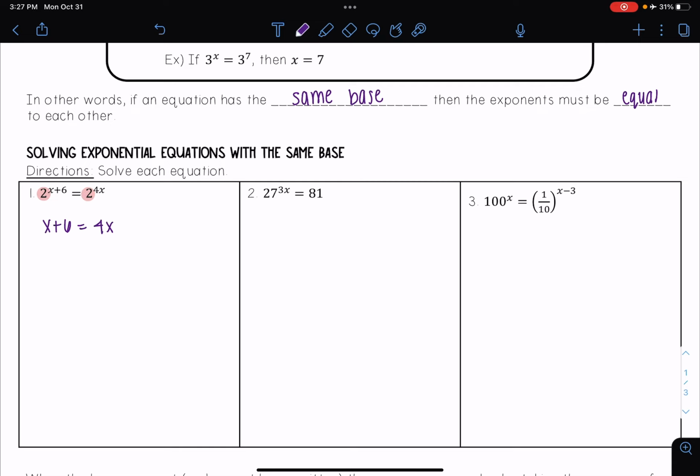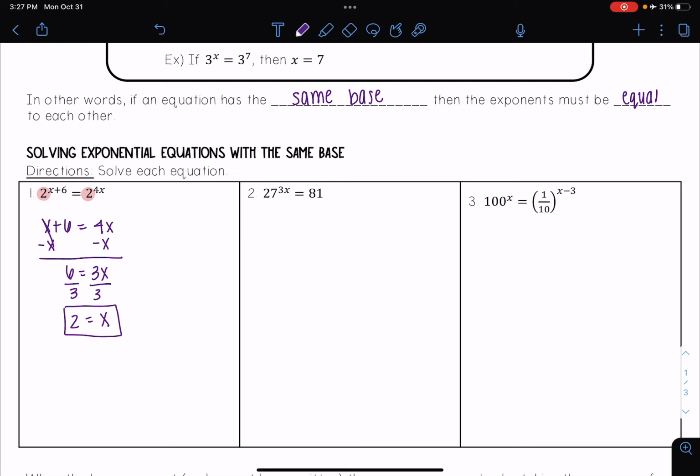And now I have a typical equation that we can solve. So I'm going to solve for x, so I'm going to subtract x from both sides. And I get 6 is equal to 3x. And then divide both sides by 3. And I get that x is equal to 2.